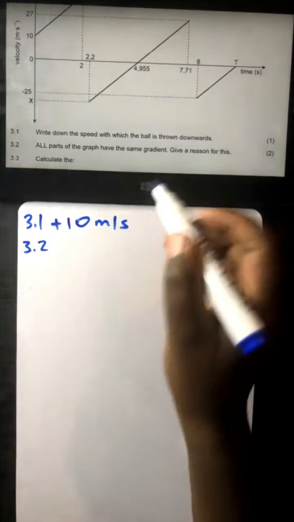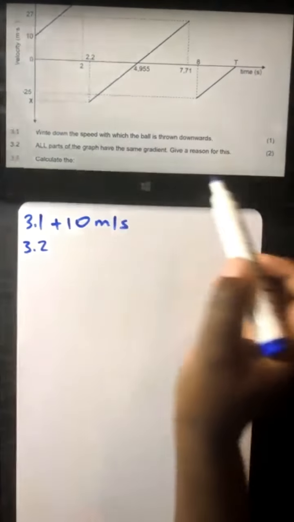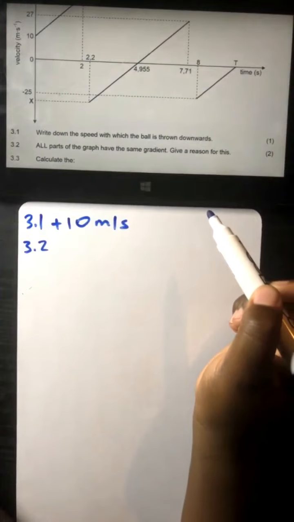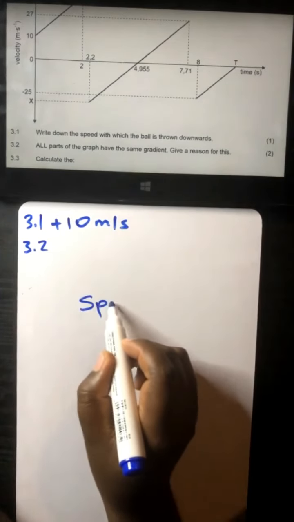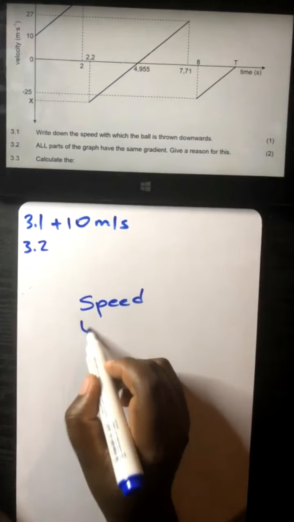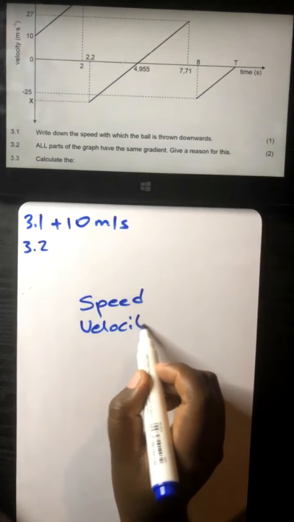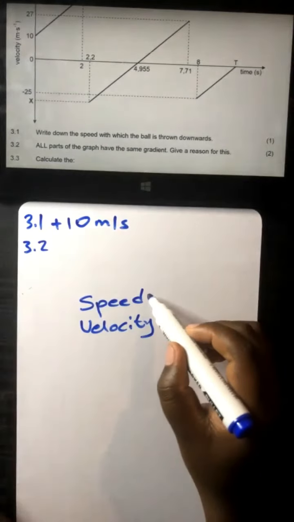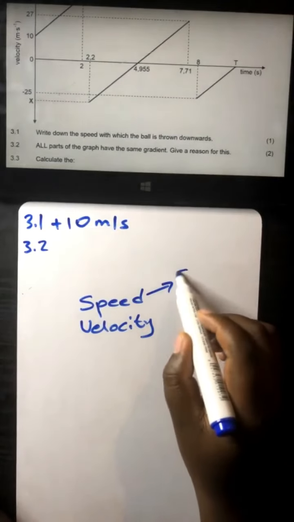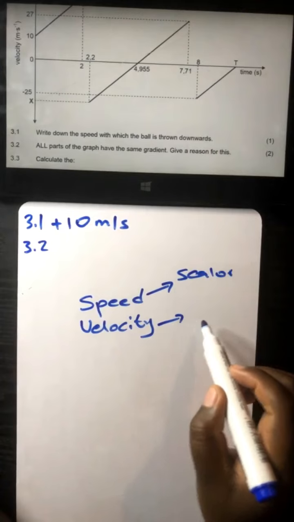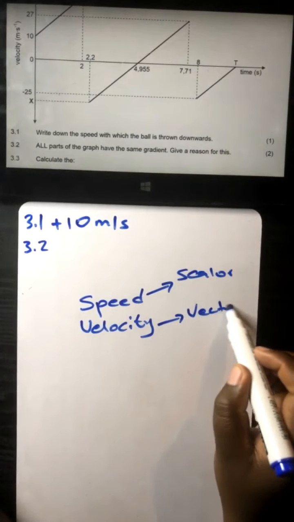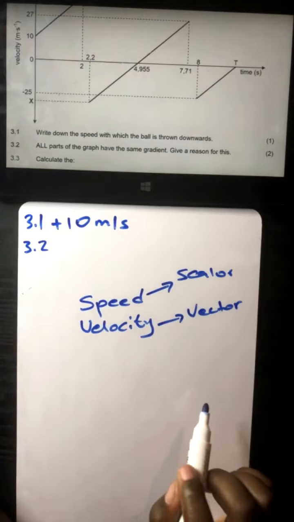But your question actually brings us to something. Remember, we've got speed and again we've got velocity. Between these two, speed is a scalar quantity, and velocity is what we call a vector quantity.